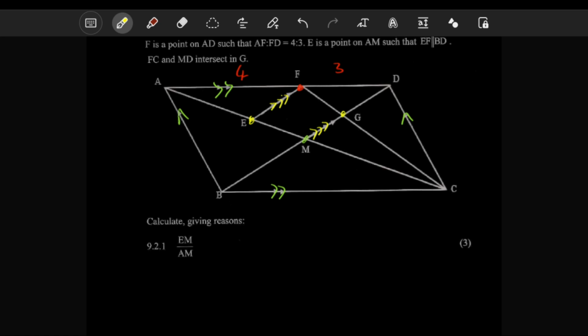But apart from that, the easiest way to put it is that the reason for that ratio is line parallel to one side of a triangle. Let's keep it simple, real simple. We're just going to show that on this other side also, the ratio is 4:3.